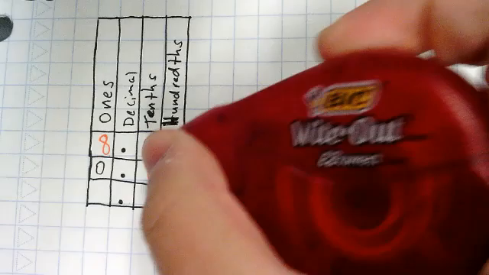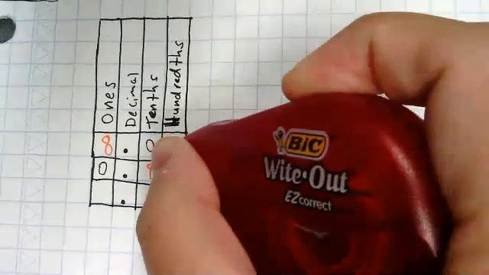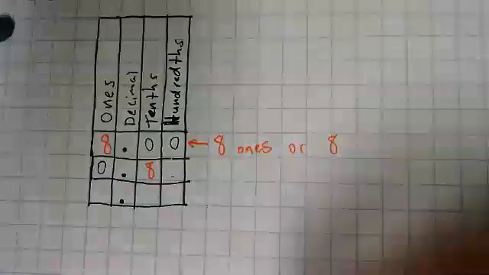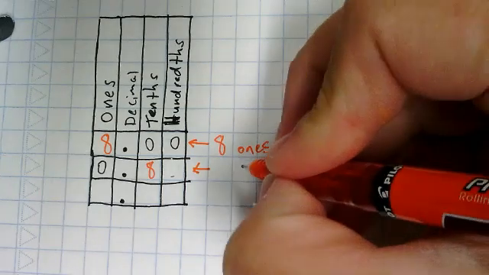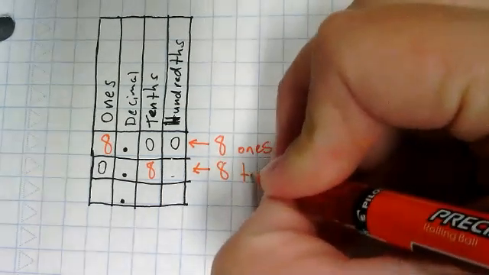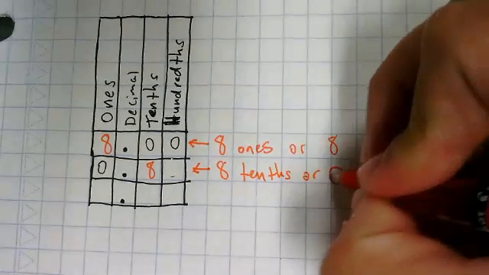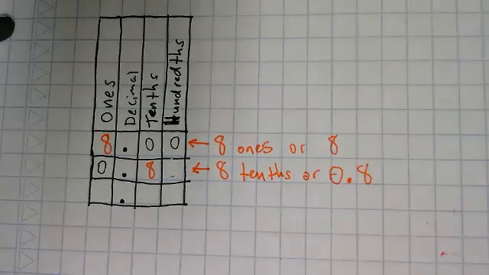Because we are technically working with just the tenths here, so we want it to be 8 tenths, not 80 hundredths, even though they are equivalent. So this stands for 8 tenths, or 0.8.